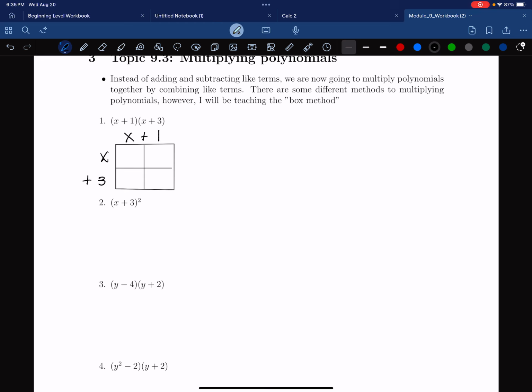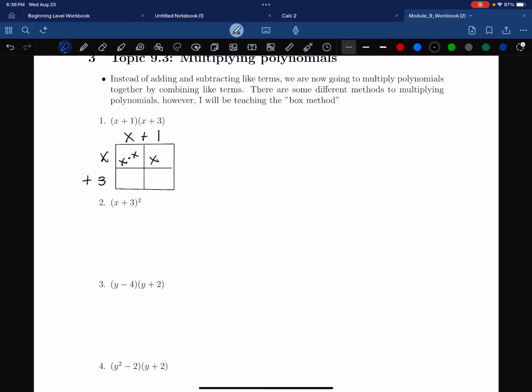Now, what we have to do is look at each individual box that we made here and multiply the two things that match up with that box. So let me first just walk us through each individual box. So this first box here, we're going to have to multiply x times x. So I'm going to write x times x. And this box right here, we're going to do x times 1.